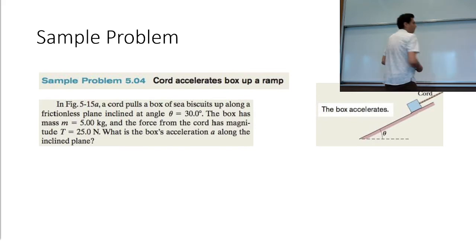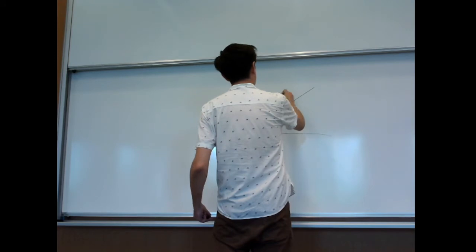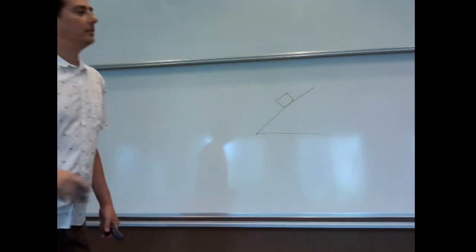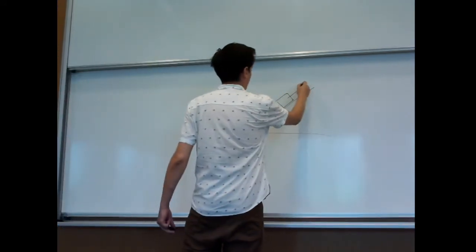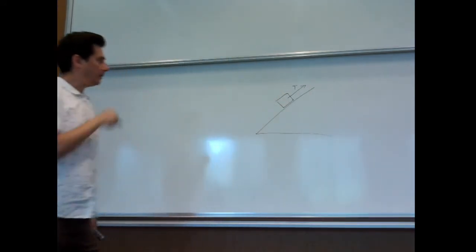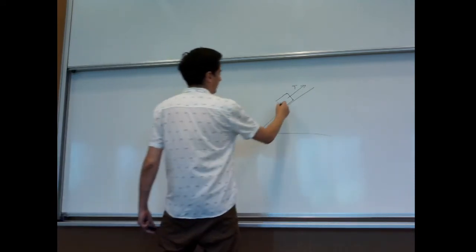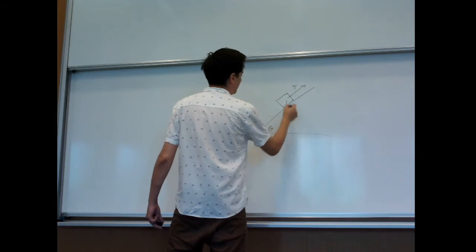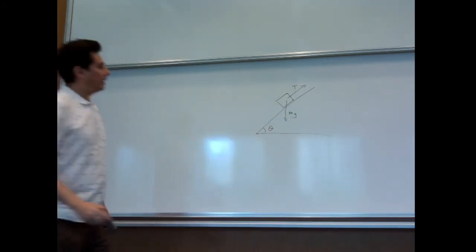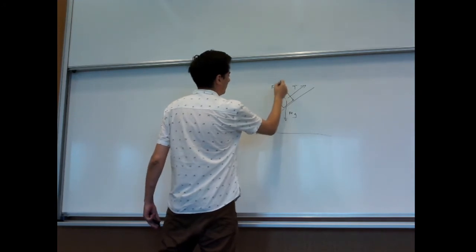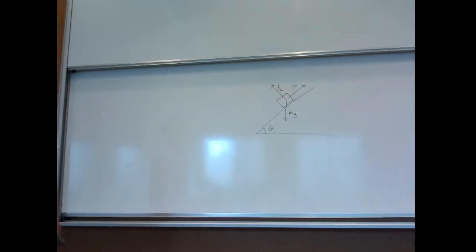So on an incline, you have the tension of the rope that's up. This is at an angle theta, and you'll have gravitational force down, but you'll also have a normal force, which is pointing perpendicularly to the plane.